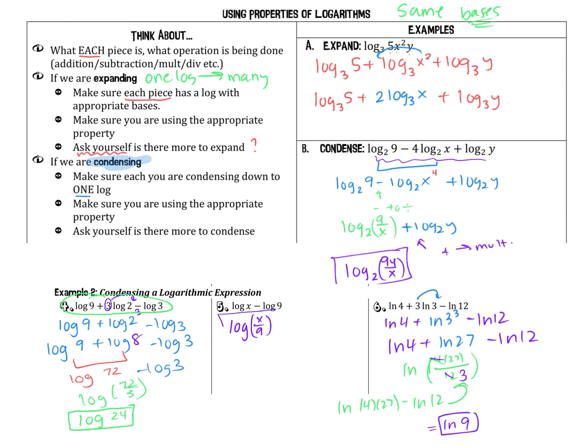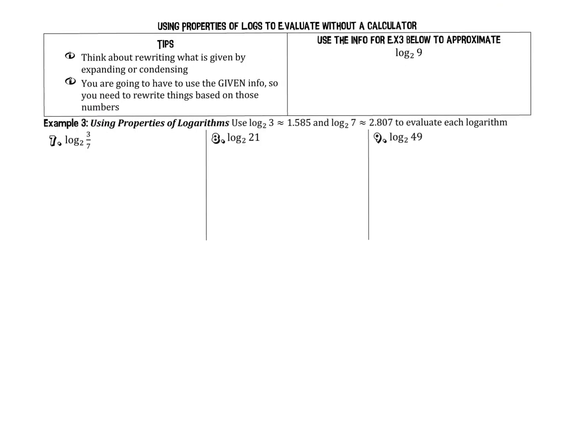So now that we've talked about expanding and condensing, let's put those skills to the test and see if we can apply them in a different style problem. If we have some information about different logarithms, like you'll see here, and we're being asked for something different, we can use the properties of logs we just talked about to help us get there.